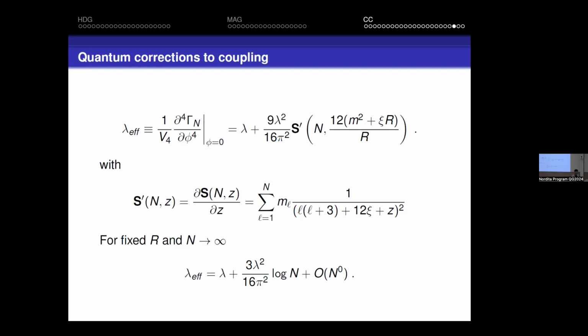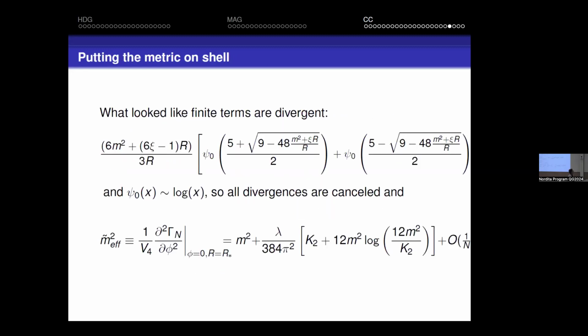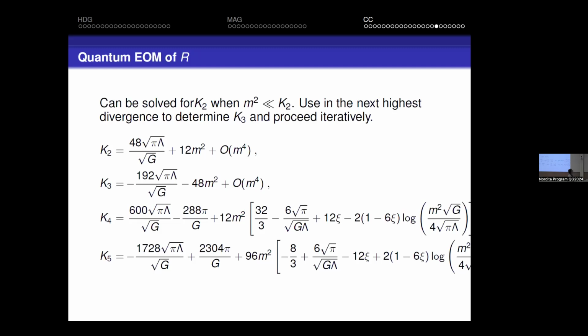Very strange. The result is that the lambda effective is finite. It has just this correction that is proportional to 12m squared over K2. I remind you that K2 was this coefficient here. It's just some function of the parameters that you had in the original Lagrangian.